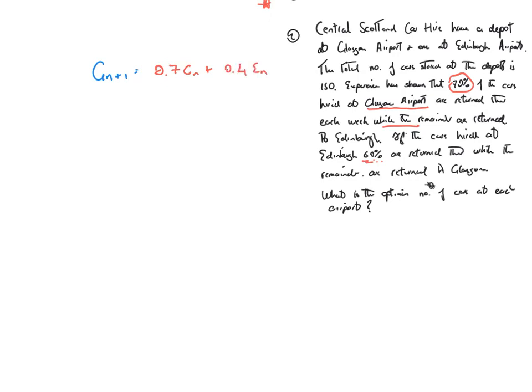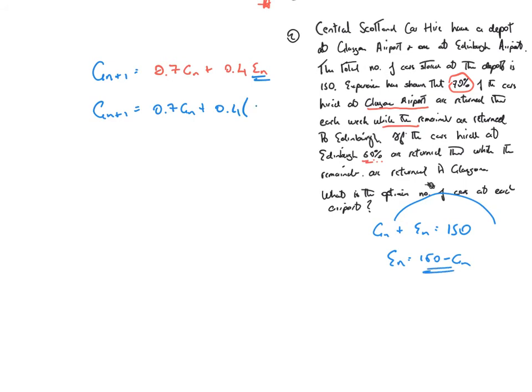Now, what I should have done to get going was to put down a simple equation, which is Glasgow cars plus Edinburgh cars equals 150. Now what I can do is make a substitution for that En, bring that over again. En equals 150 minus Gn. So that's 0.7 Gn plus 0.4 lots of En, which is 150 minus Gn.